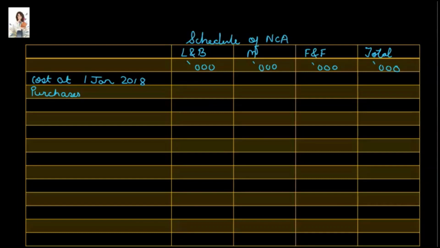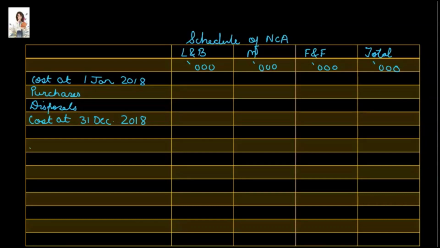Then we will show the cost of non-current assets disposed during the year. And finally, we will arrive at the cost of non-current assets held on the last day of the year, that is in this case 31st December 2018. So this takes care of the cost.